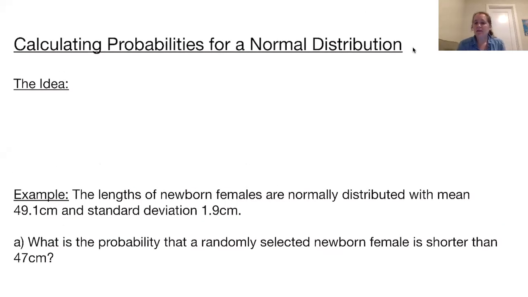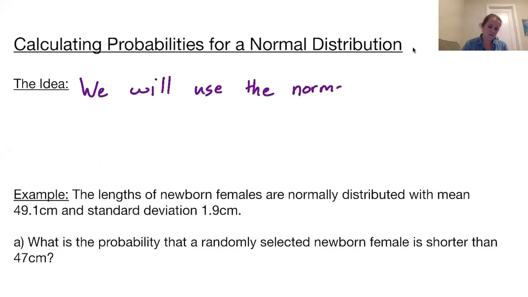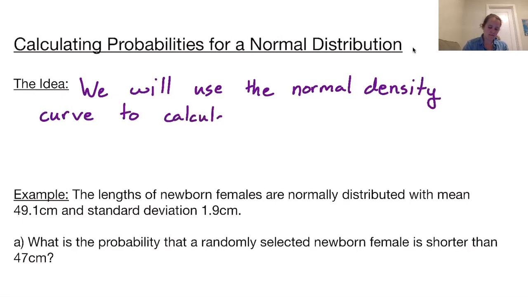Welcome to calculating probabilities for a normal distribution. So the idea here is we can use our density curve to calculate the probability of landing in a specific interval.